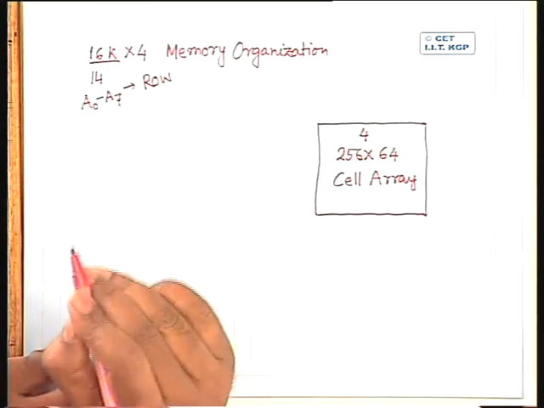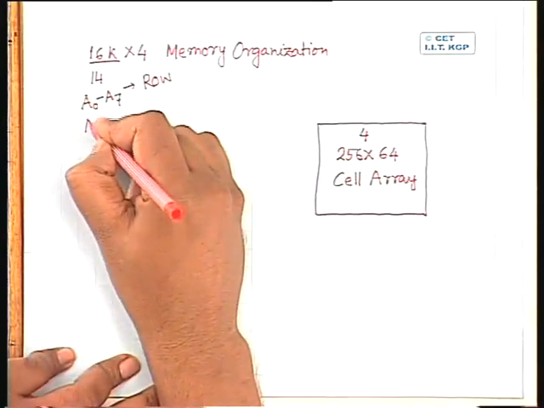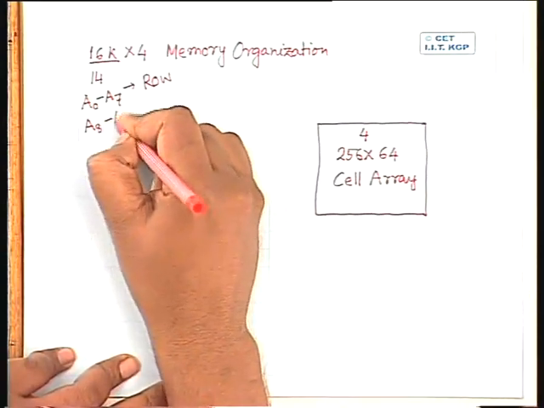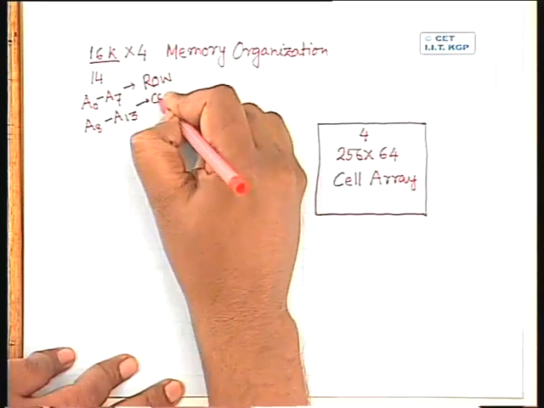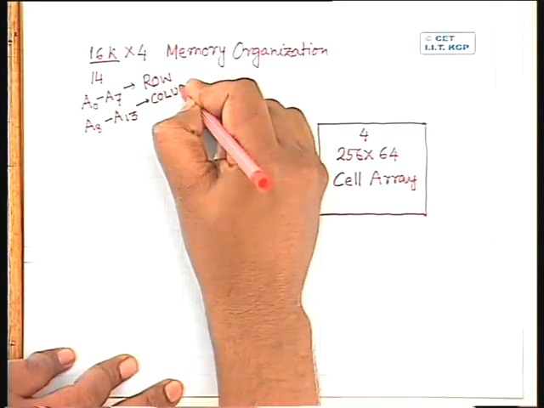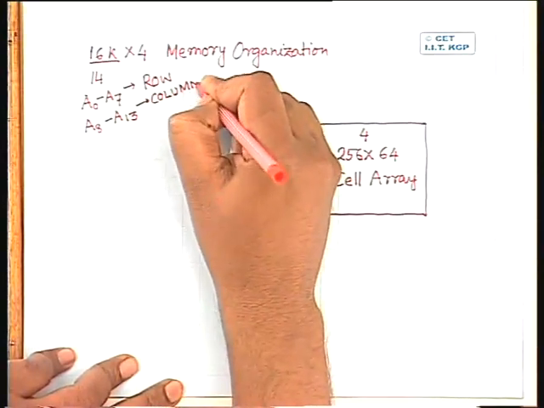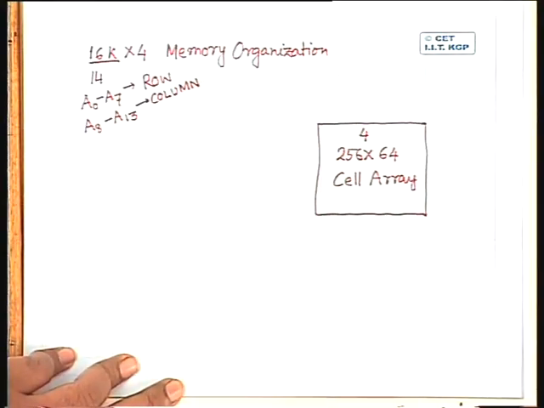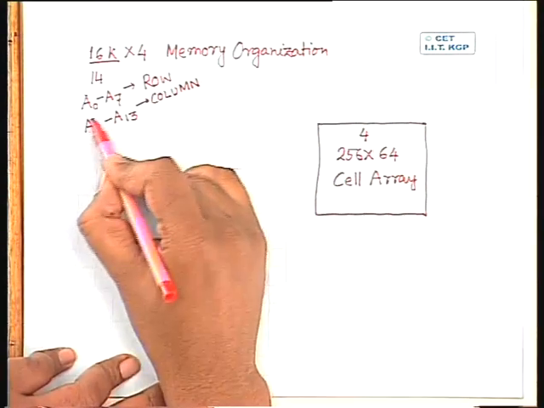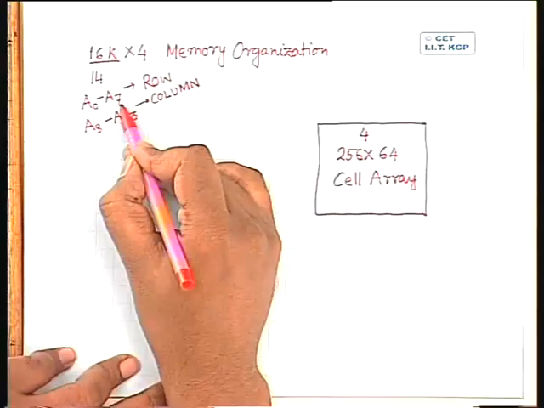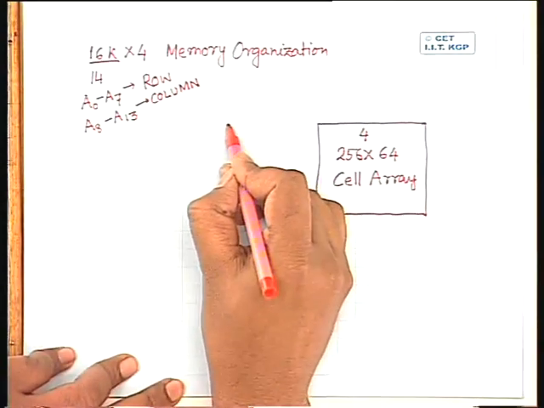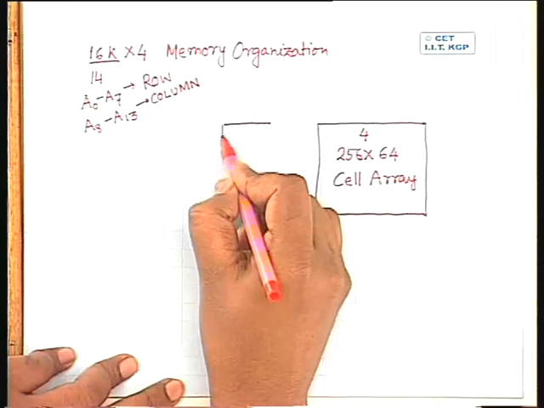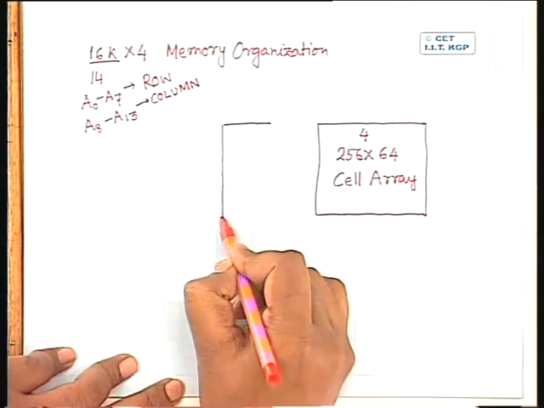And the remaining 6 address lines A8 to A13 will be the column address. So, as before, because I have 8 address lines identified as row address, I have to have a decoder that is 8 to 256 decoder.